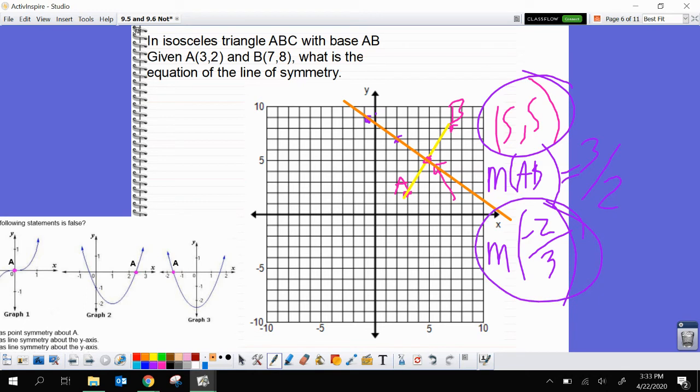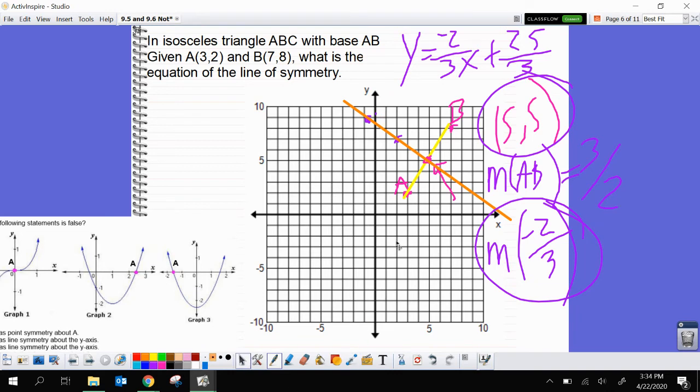So you could write the equation of that line of symmetry, either using point-slope or using y = mx + b. The answer to that, if you do want to work through it, is y = -2/3 x + 25/3. Which makes sense because that is about 8 point something, and that's where our y-intercept is lying.